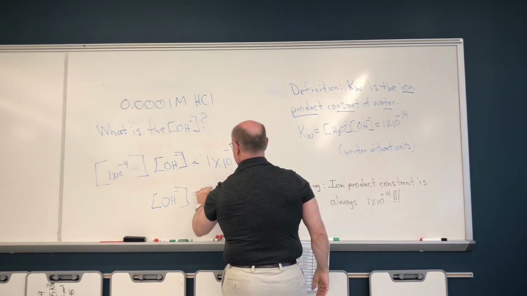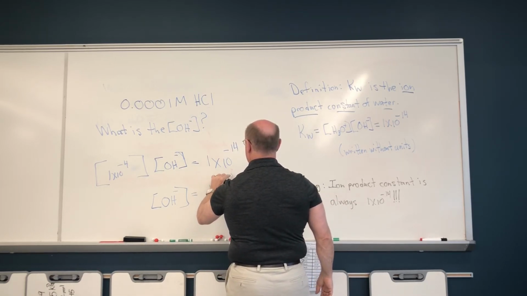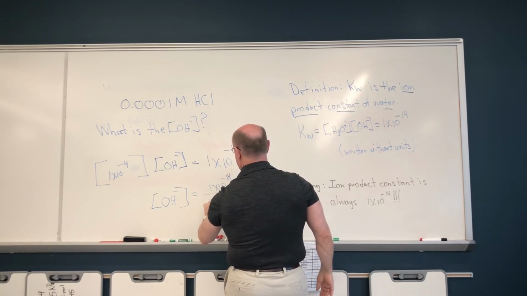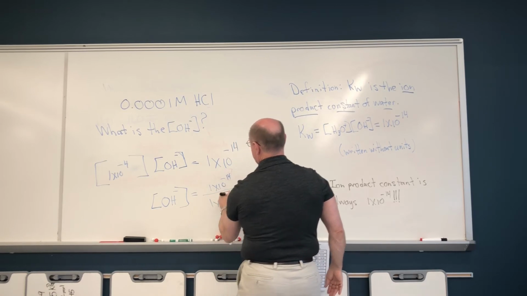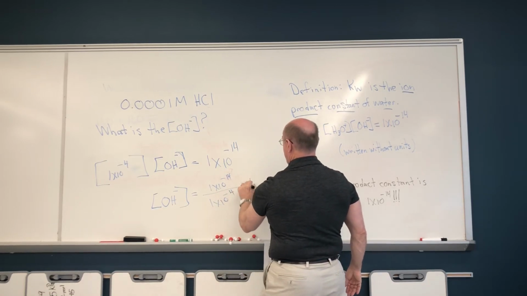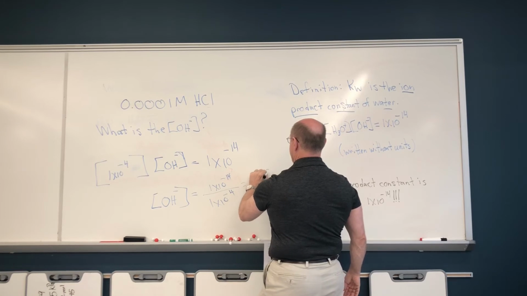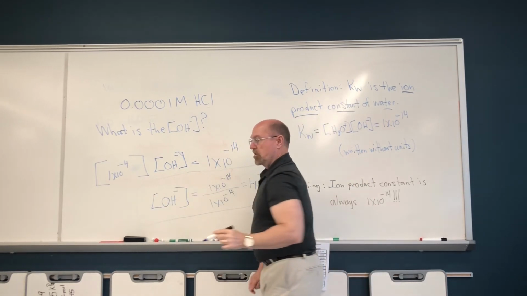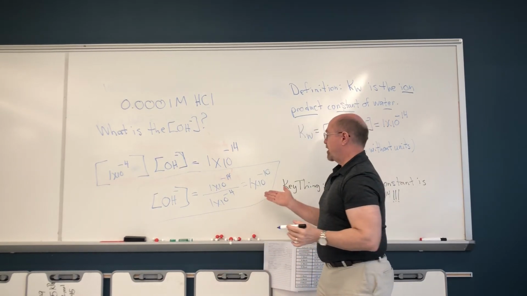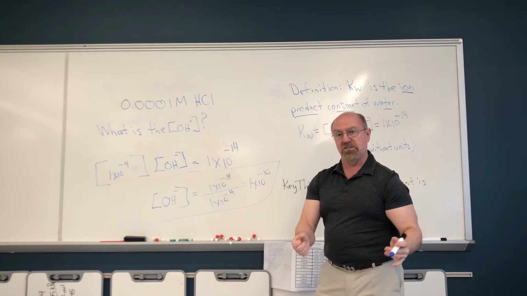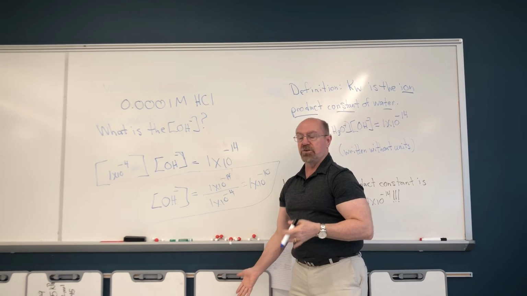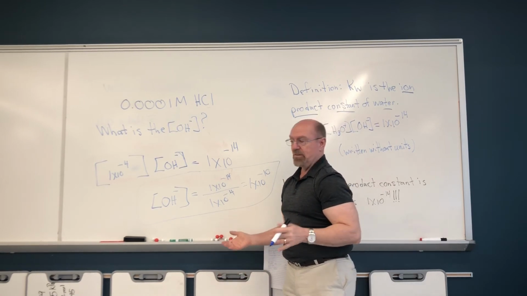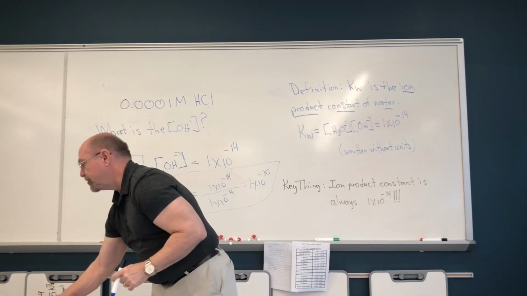So we'll have 1 times 10 to the minus 14 divided by 1 times 10 to the minus 4, and subtracting a negative will give you 1 times 10 to the minus 10 as our hydroxide ion concentration. So using this formula, we can figure out how many hydroxide ions are in solution, how many hydrogen ions or hydronium ions, they mean the same thing, are in the solution.